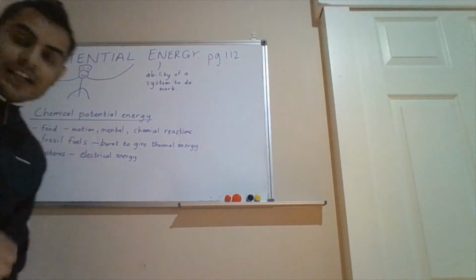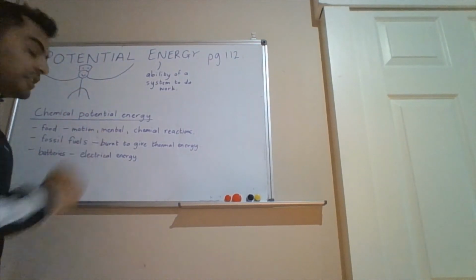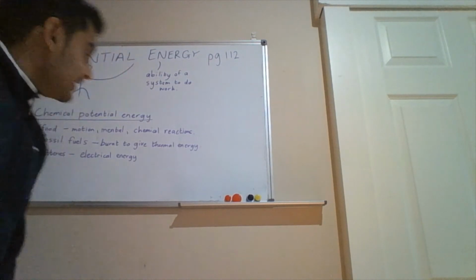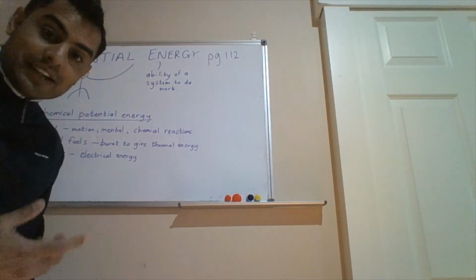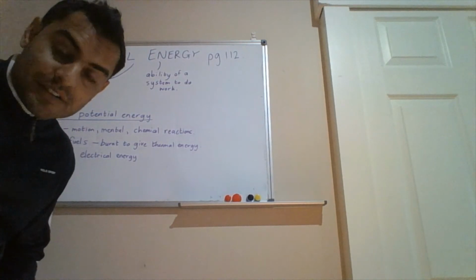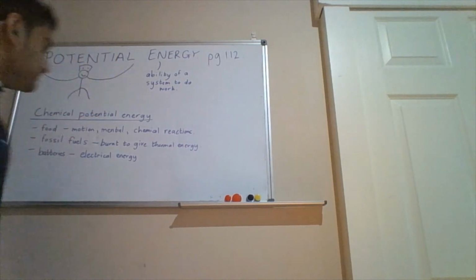It can give us kinetic energy, the energy of motion when we move. It can be converted to electrical energy for our mental functions, and the energy released from the food is also used to power certain chemical reactions which occur constantly through our bodies.